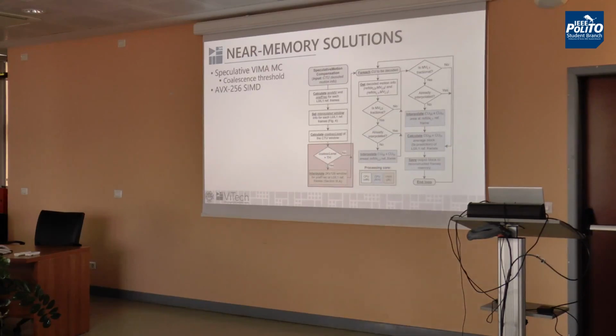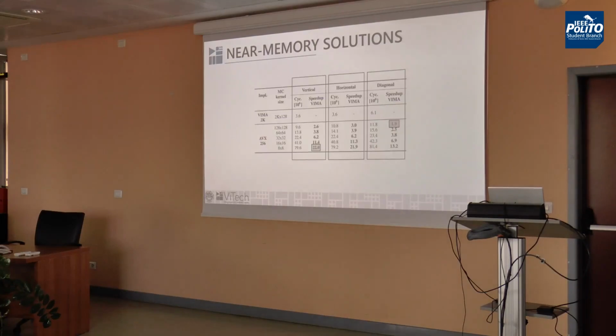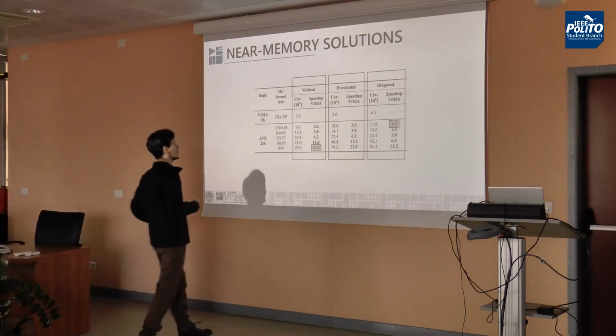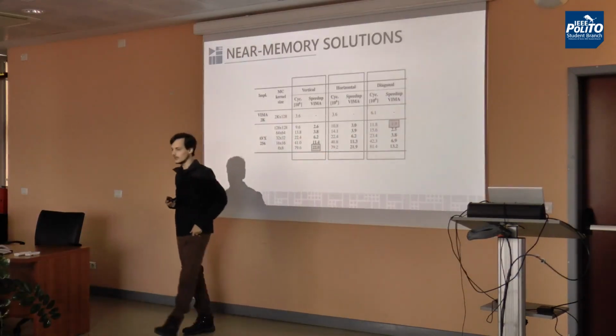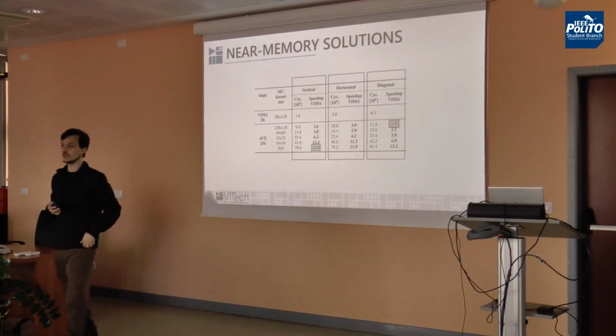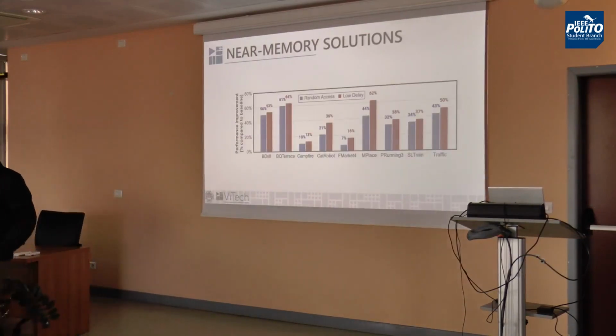Otherwise, we are doing SIMD instructions that we have implemented in AVX 256, so we are using the CPU. And it was possible to reach speedups ranging from roughly 2 up to 22. This is in terms of the performance improvement compared to the baseline, and also when compared to the AVX.